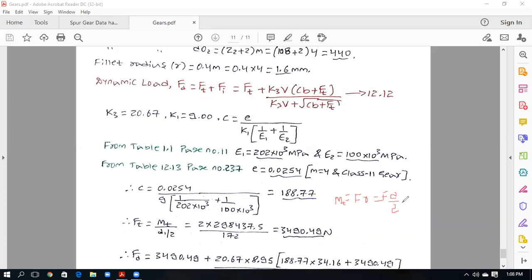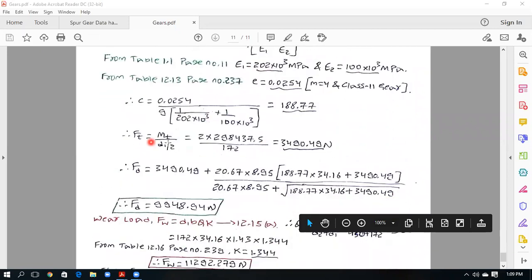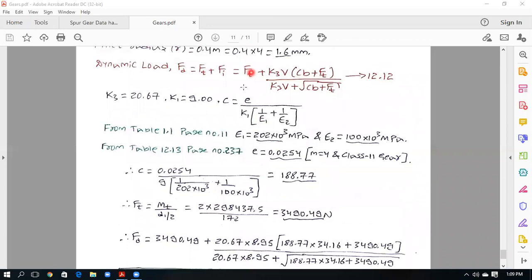Therefore F is equal to Mt divided by d1 by 2. Torque is calculated, substitute that. The diameter of the pinion is known, it is calculated, substitute the value.